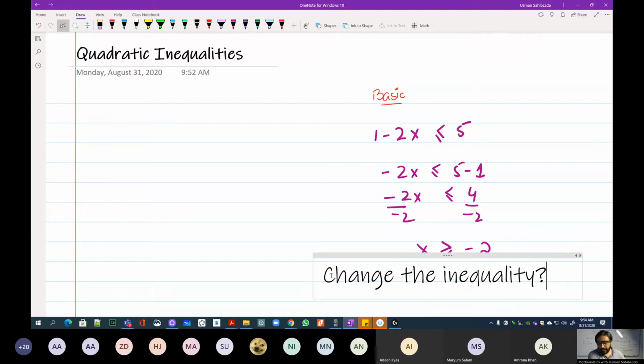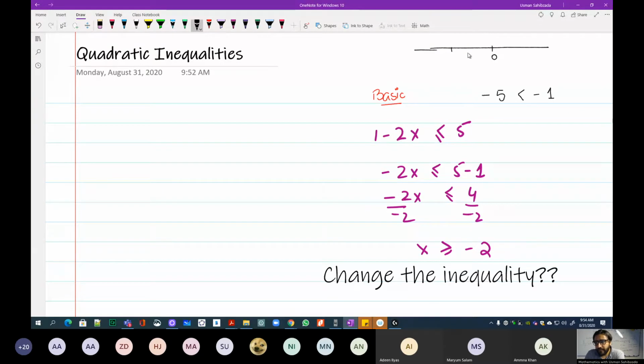The reason why you change the inequality sign, I'll give you a very, very basic concept. We do say that minus 5 is less than minus 1 because it's further away from the 0 value. That's minus 1 here, and that's perhaps minus 5 over here.